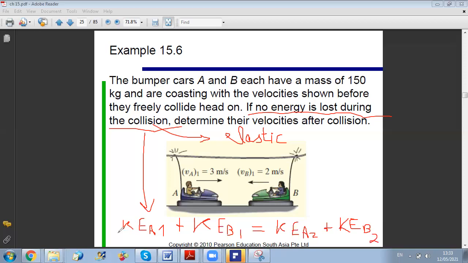And here, you can just replace kinetic energy of A at state 1 by half mA vA1 squared, and kinetic energy of B at state 1 by half mB vB1 squared.